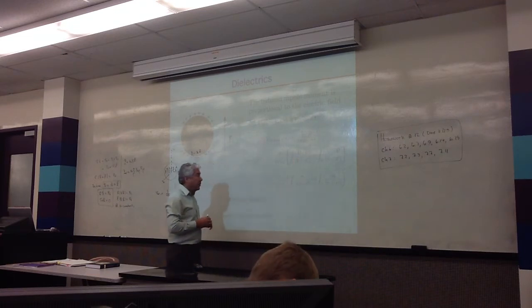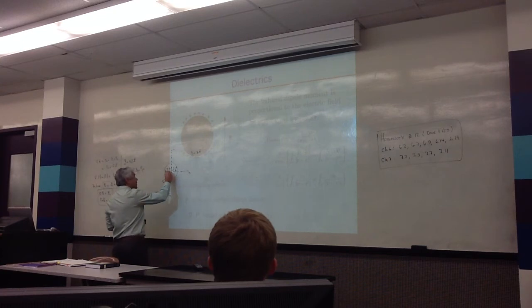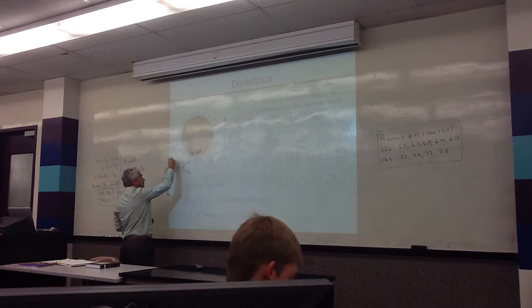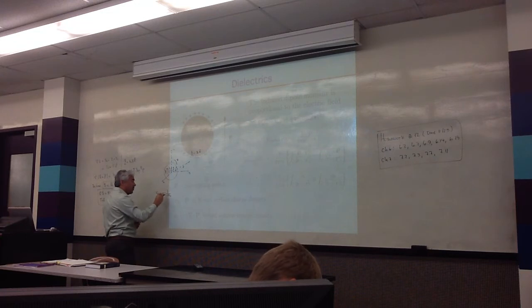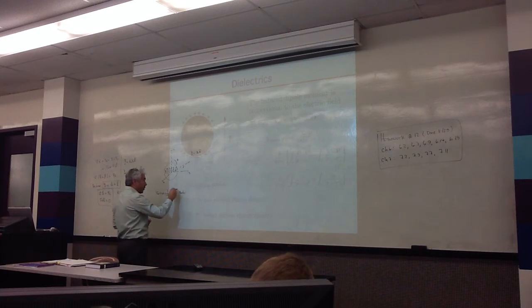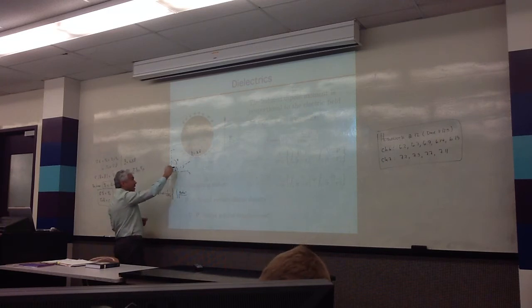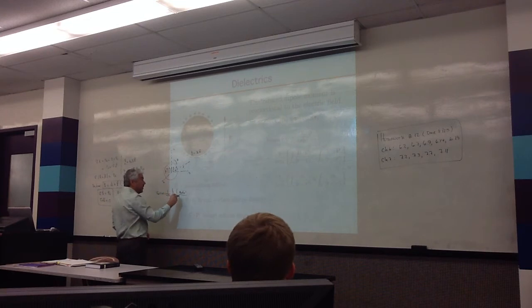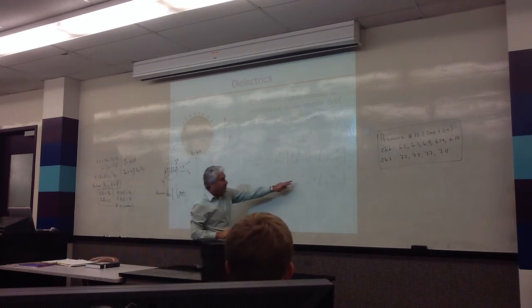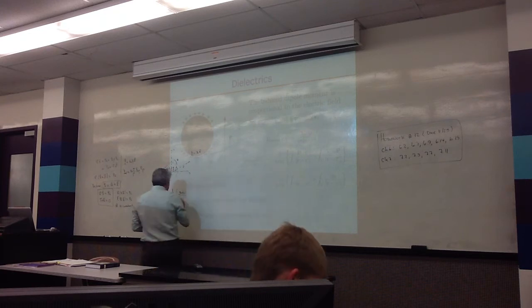So this will be the potential evaluated at some location, okay, which I'm going to put over here. So this is my observation point at R, and this is theta, right? Then you can say the potential at R and theta should be equal to the integral of my sigma bound dA prime over the magnitude of R minus R prime. But since this is on the surface of the sphere, my vector R prime for this term will be on the surface of the sphere, so it's A in the R hat direction.